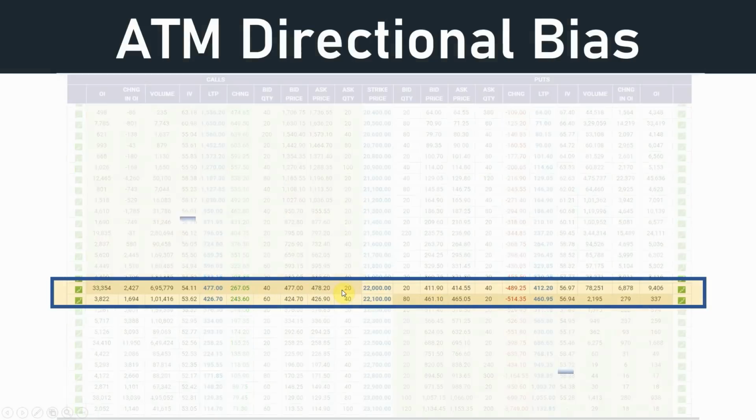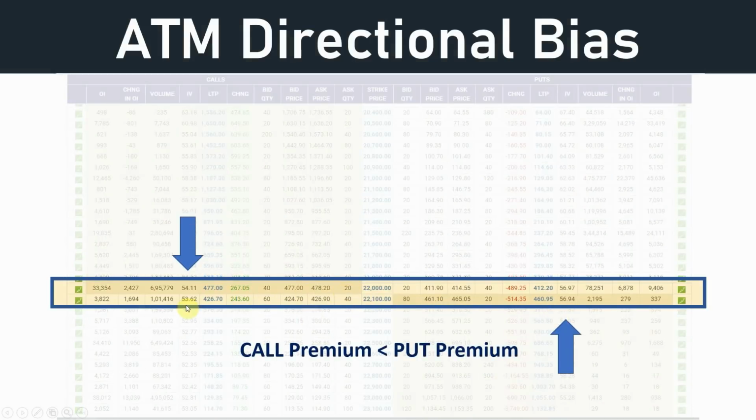Now I'm concerned about the premiums of call and put. Now we're going to compare. Remember, I'm not comparing the absolute numbers of call and put. Rather, I'm comparing the theoretical value of call and put and how much spread I see in between. In short, to make it easy to understand, the implied volatility of the put option is quite higher than the call option.